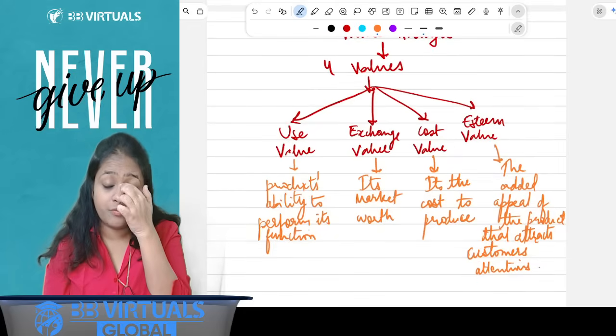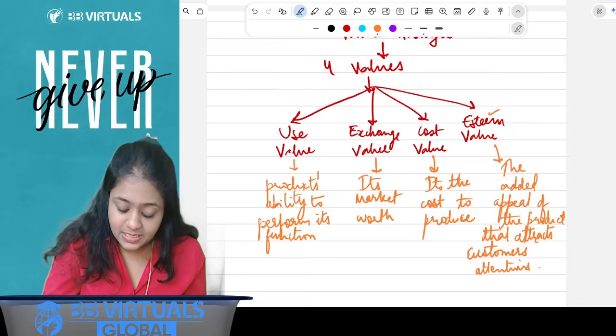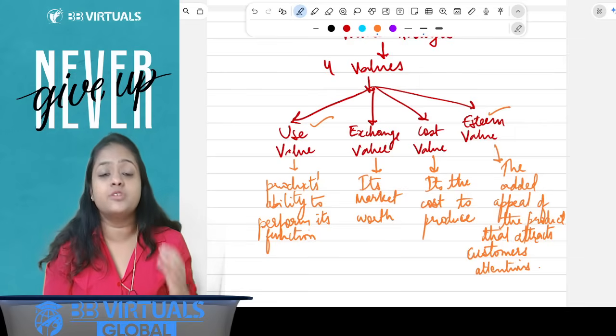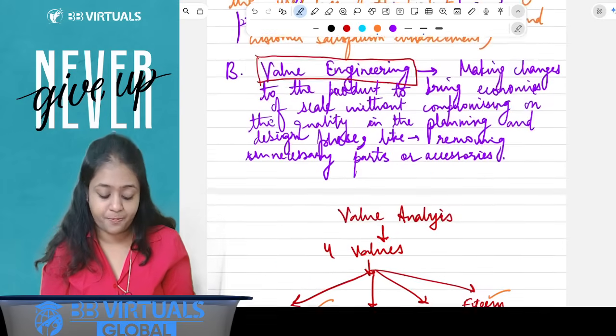So now obviously the values to maximize are esteem value and use value. When we enhance these values, the overall market value of the product will go up.